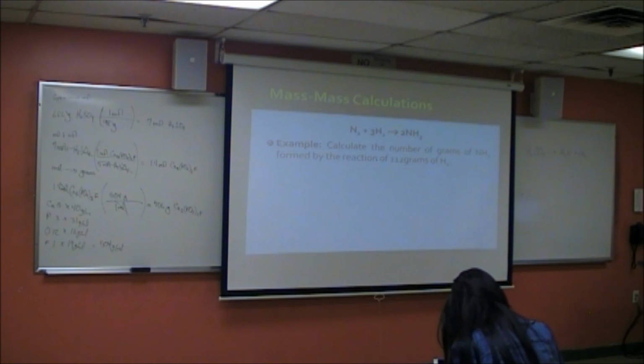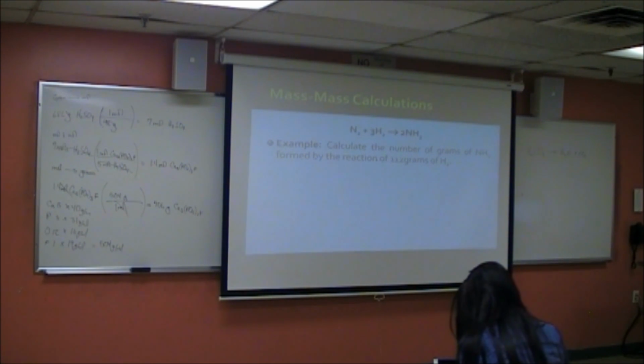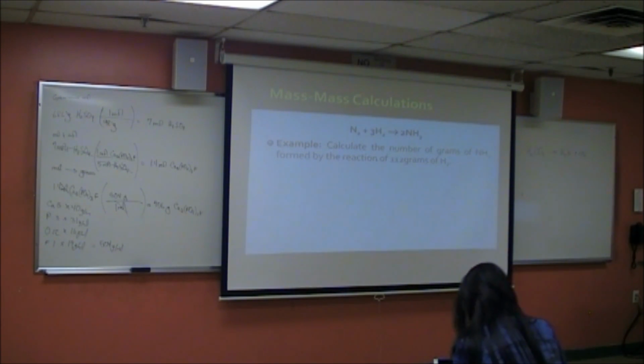So where does it go, on the top or the bottom? The bottom. So it'll be 112 divided by 2. That gives us 56. So now we have 56 moles of hydrogen gas. That's your new given. Now what do we need to do?